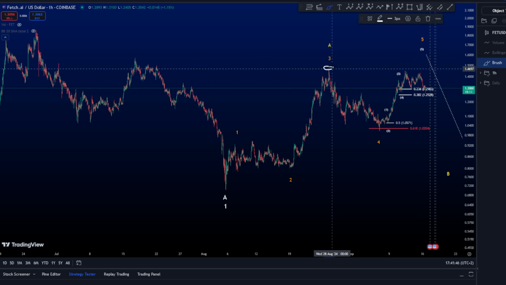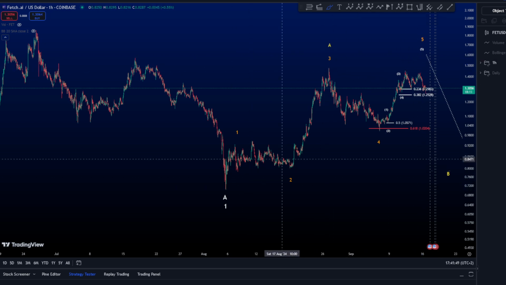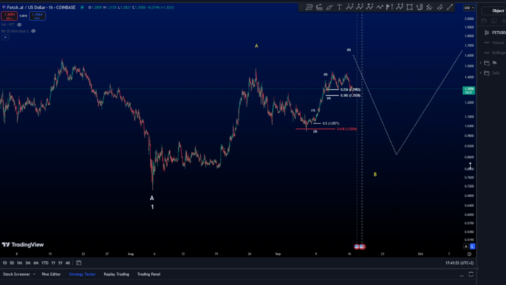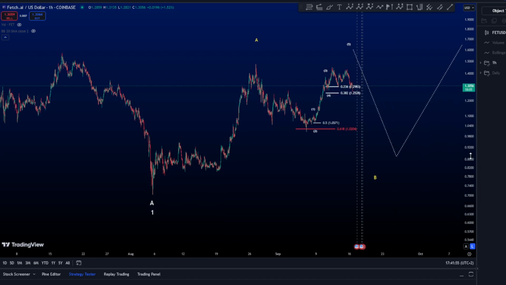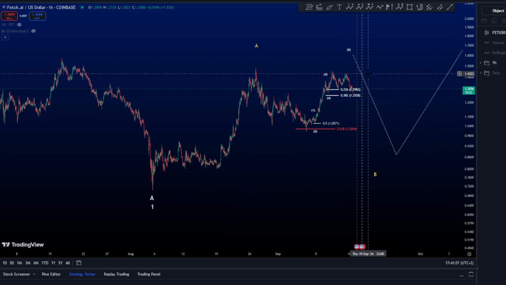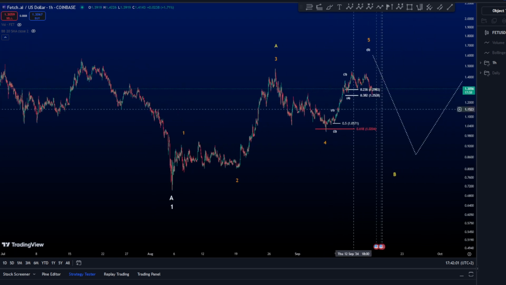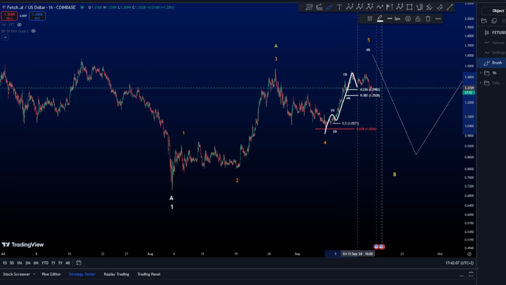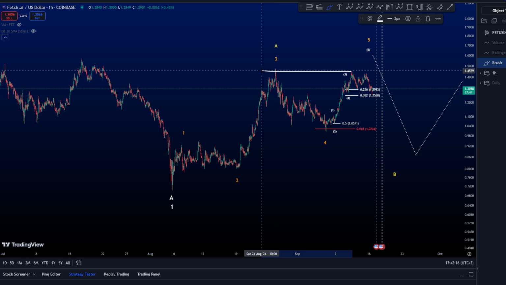We couldn't reach the high again, and this means we can remove this wave 5 for now, or we can keep it, because I prefer to keep it, because potentially we are still looking at 1, 2, potentially extended wave 3, then correction, and potentially moving again for a wave 5. So I'm going to leave it for now. However, we did not reach the high again.